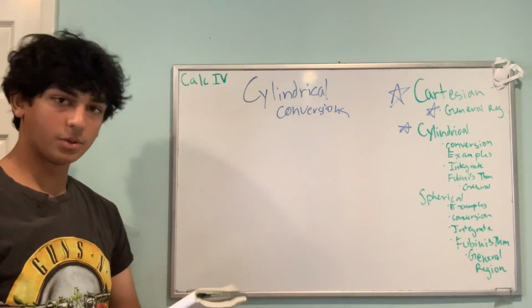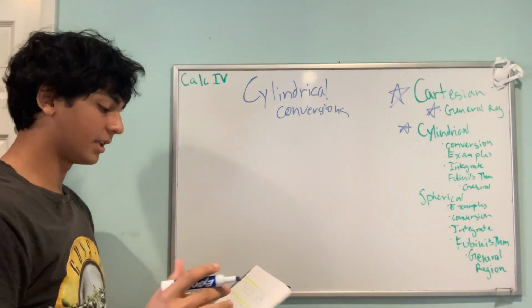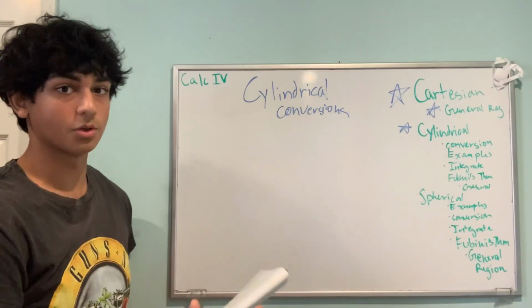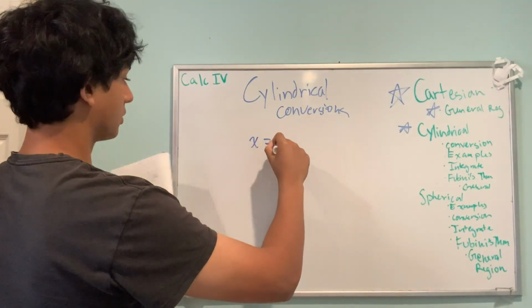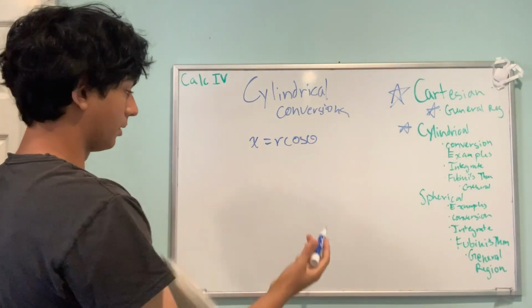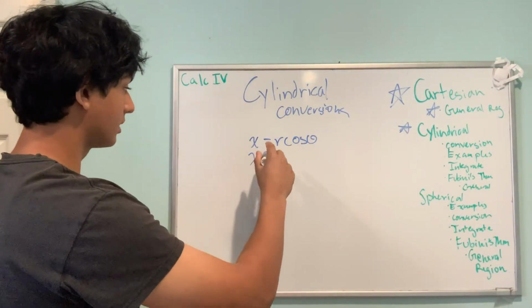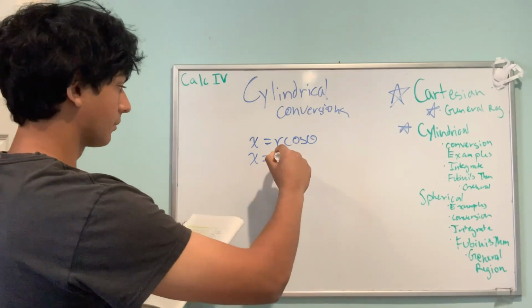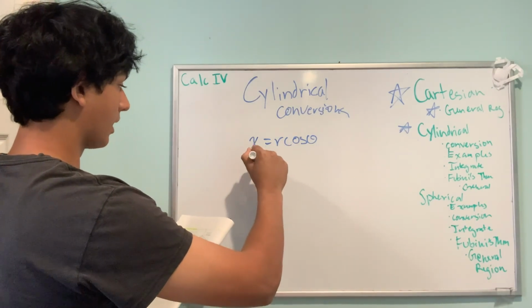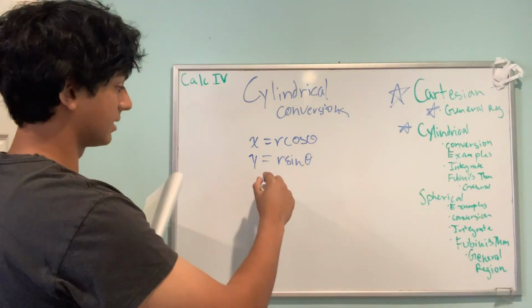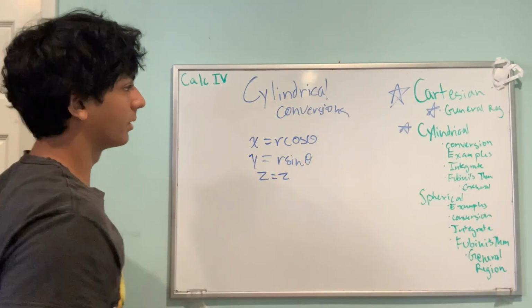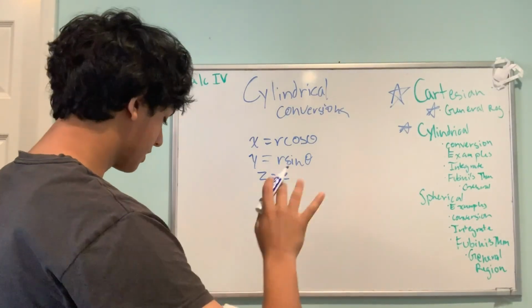The conversions between cylindrical and rectangular coordinates, rectangular being the Cartesian coordinate system: we have x equals r cosine theta, remember, from polar coordinates in Calc 3. y equals r sine theta. z stays the same throughout these, so don't worry about converting z because it's constant.